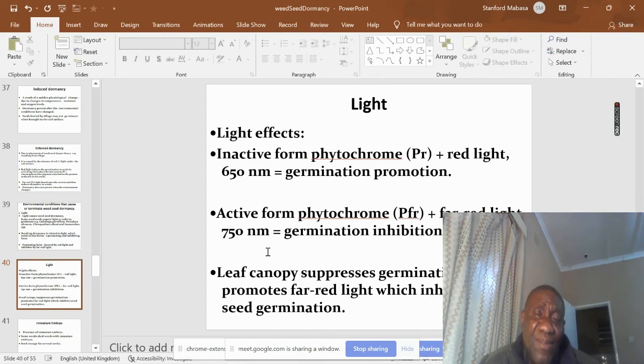And as a result, you can promote dormancy and the seeds will fail to germinate. But of course, the drawback is that most farmers may not get enough mulch. But mulch can work on this principle of light alteration, promoting far red light and probably darkness, eliminating light, stopping seed germination.